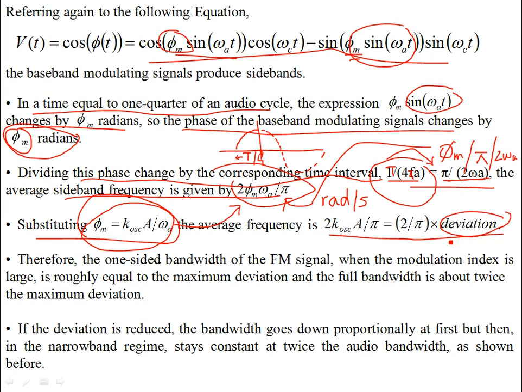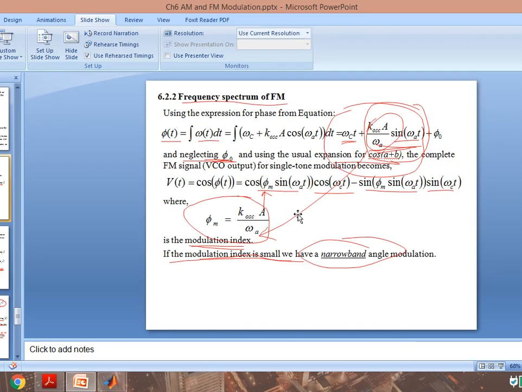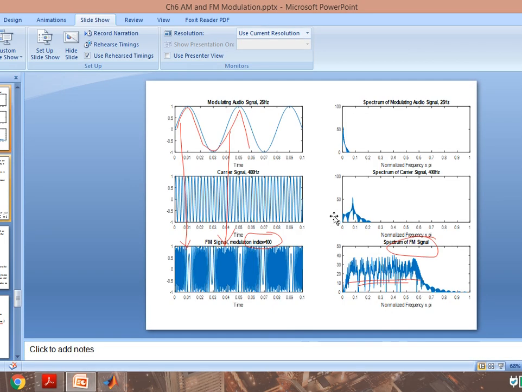So the deviation is k oscillator a, which we have defined.